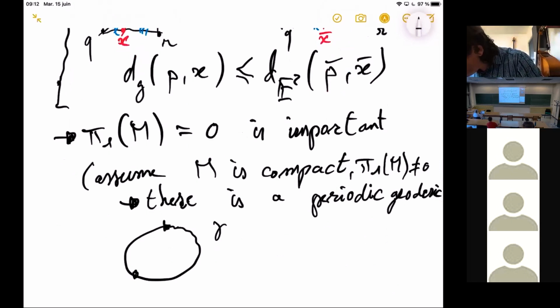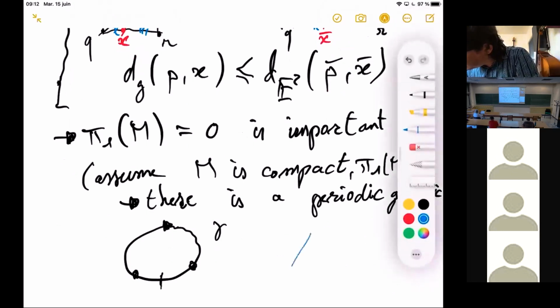And what that gives us, when you have a periodic geodesic, let's call it gamma, you can take 3 points, for instance, evenly spaced inside it. And so the comparison triangle would be like this one.